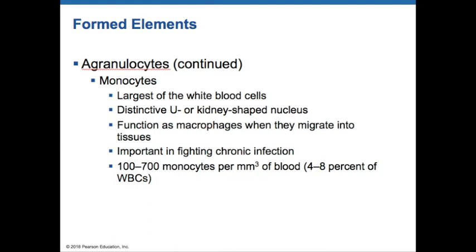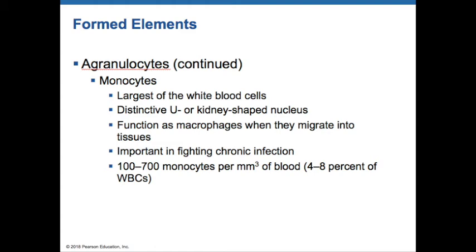And finally, we're going to go over the monocytes. Now, monocytes' normal values will be anywhere between 100 and 700 monocytes per cubic millimeter of blood. Now, what is going to be the function of monocytes? These monocytes are going to be released in a chronic infection.